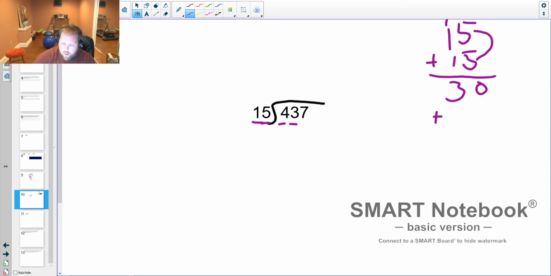Let's see if it can go in one more time. 0 plus 5 is 5. 3 plus 1 is 4. Looks like it can only go in twice. So I'm going to put my 2 right here. So 2 times 15 is 30.